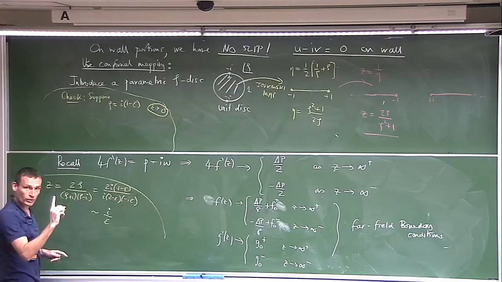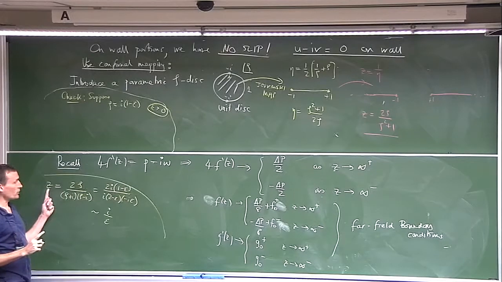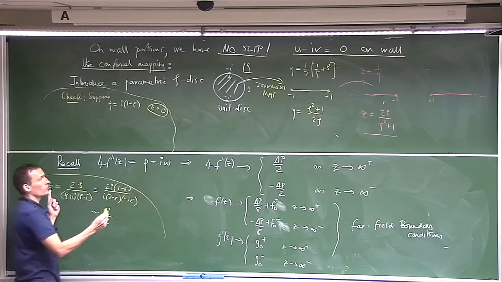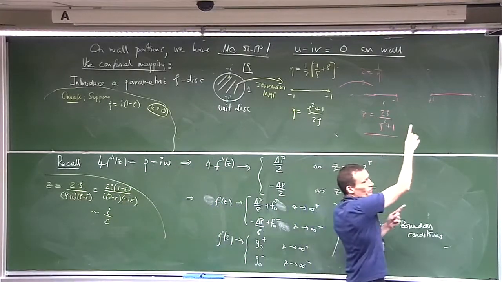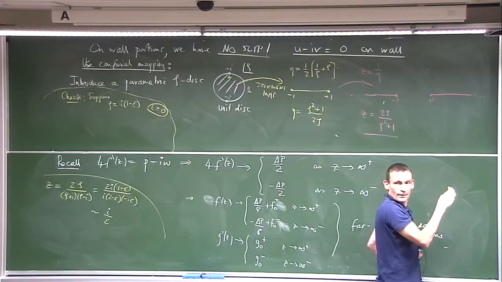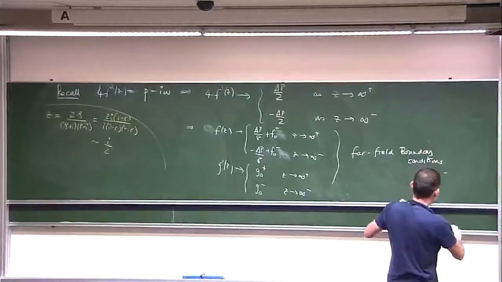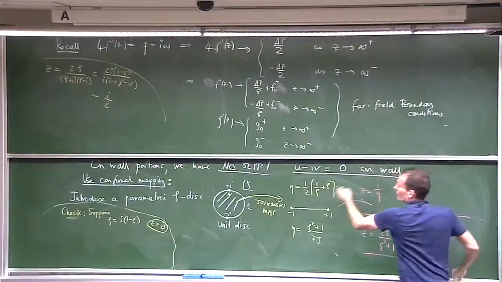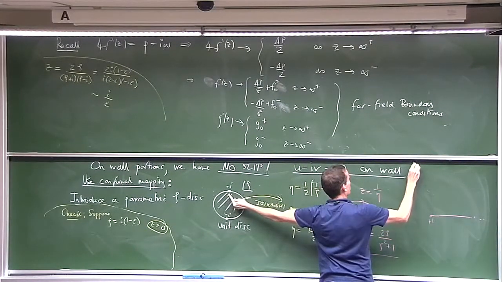Now epsilon is positive and tending to 0. So what's z doing as epsilon gets small? What I'm trying to say is, as I move up that little arrow, where am I moving here? Up the imaginary axis, the positive imaginary axis. So in other words, moving up there is equivalent, moving up here is equivalent to moving up here.